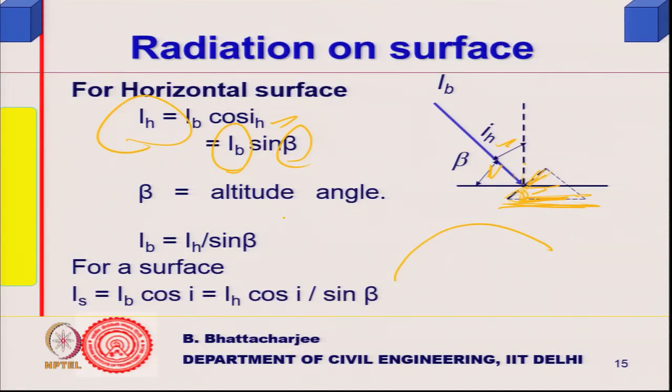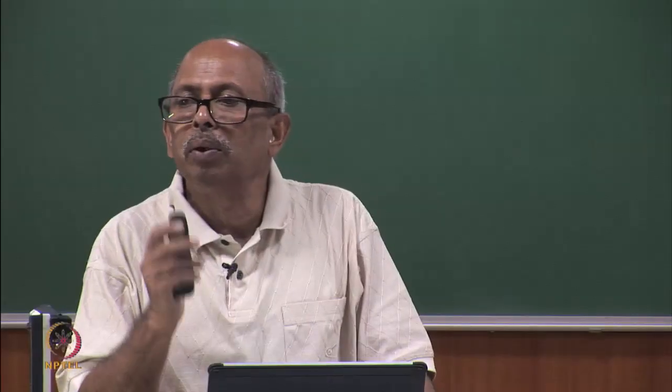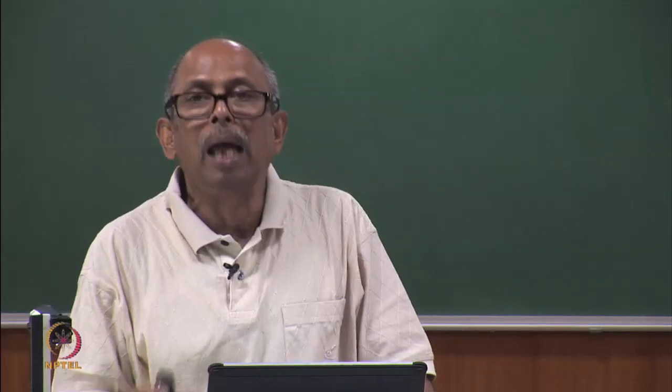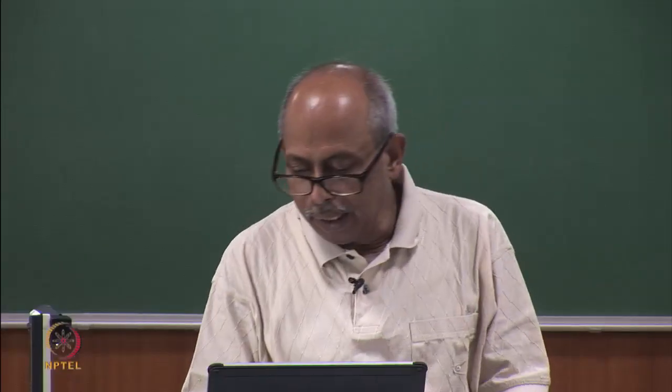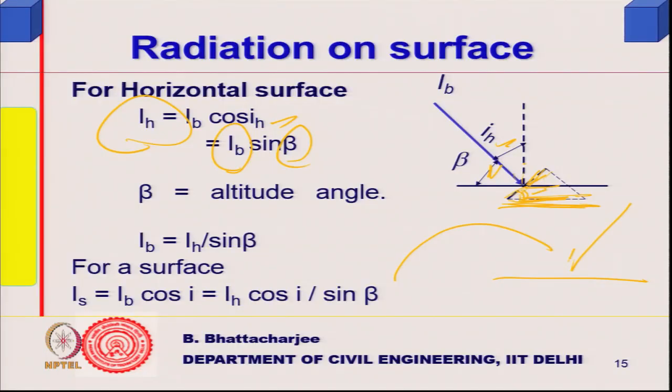For any surface, the amount of radiation intensity falling onto the surface is equal to IB cos I. Why? Because I is the incident angle, that is what we have defined. So, on any surface, with the sun's radiation falling like this, this is the incident angle.